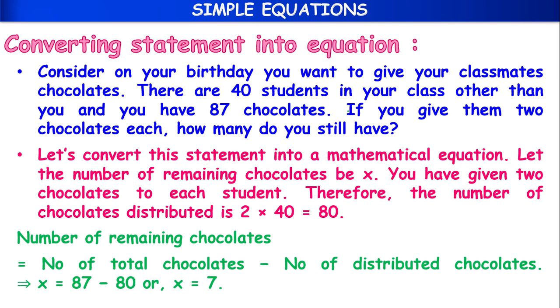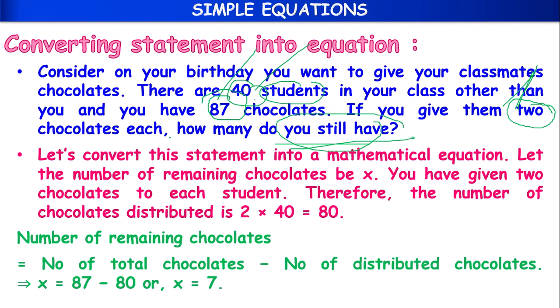Here, what is the unknown quantity? The number of students in the class apart from you, 40, is a known quantity. The total number of chocolates you have, 87, is also a known quantity. The number of chocolates given to each classmate, 2, is also a known quantity. How many chocolates do you still have? That is the unknown quantity.